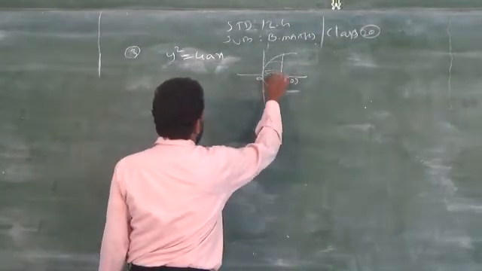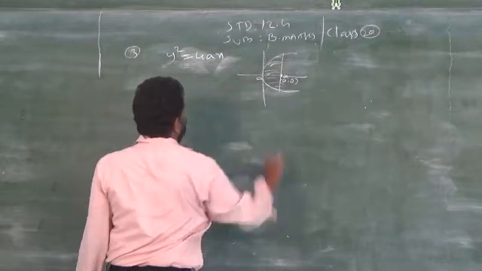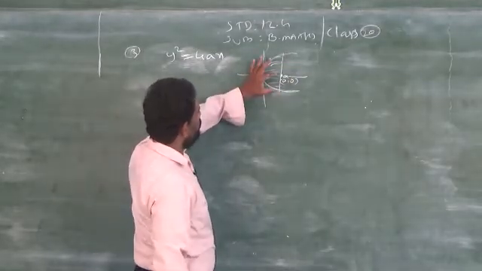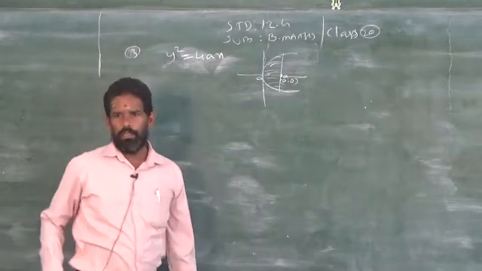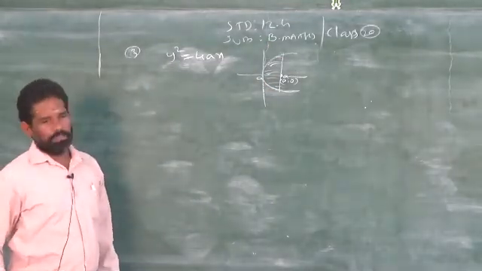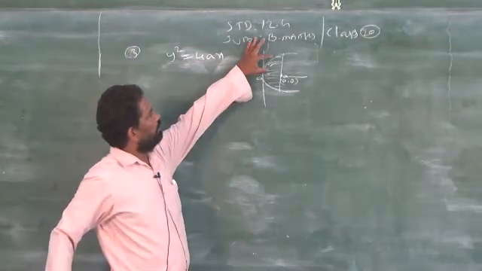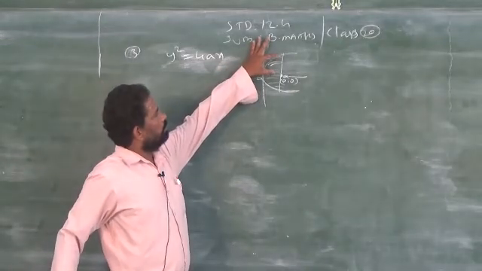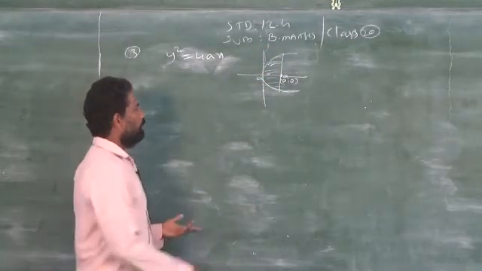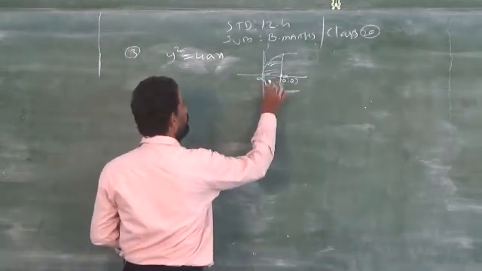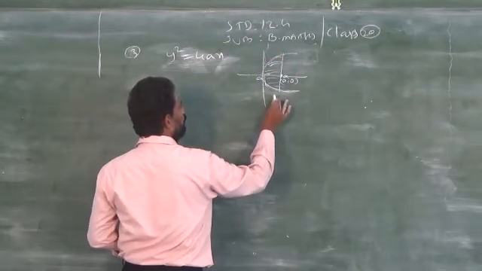So, you can use either the below the x-axis formula or the above the x-axis formula, because the parabola is symmetric on both sides. If you find the area above the x-axis and multiply it by 2, you automatically get the full area.